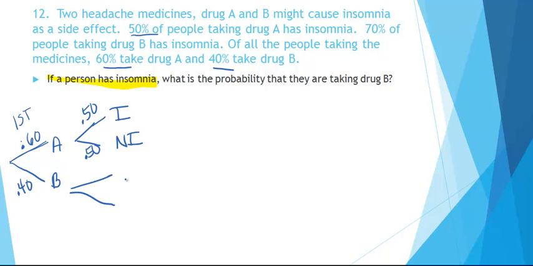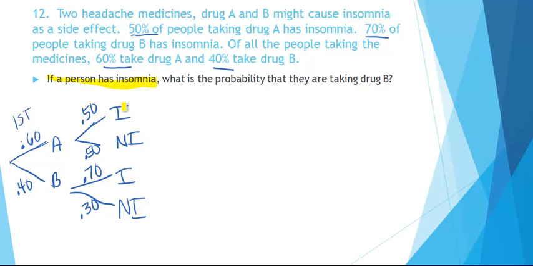And then for drug B, it says 70% taking drug B get insomnia, so 0.70, and this has to add up to 1, so the other part would be 0.30.